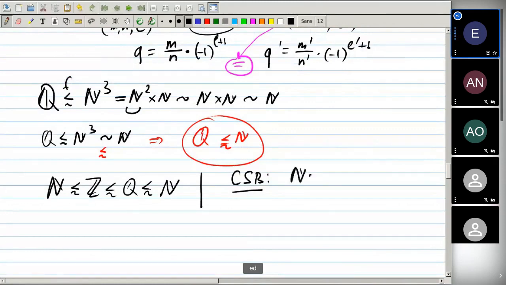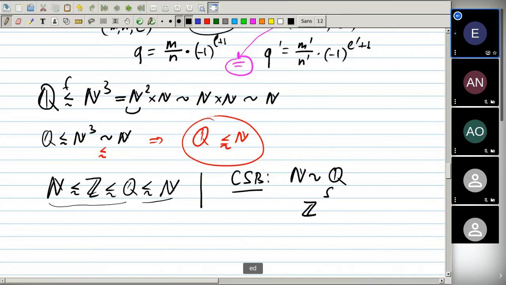That means that N is equivalent to Q, because we have two embeddings from N to Q and from Q to N. And likewise, the set of all integers is embeddable into Q and vice versa.